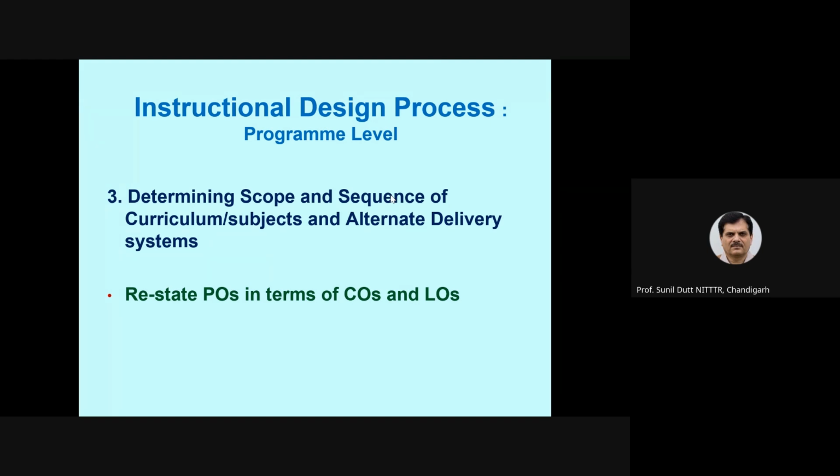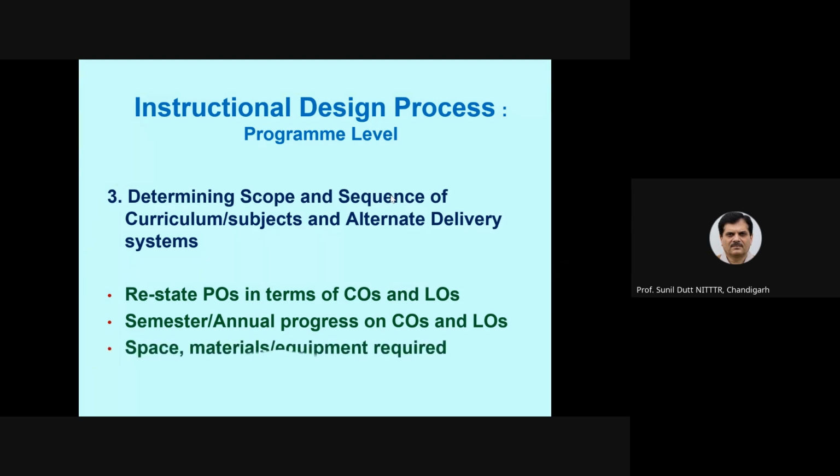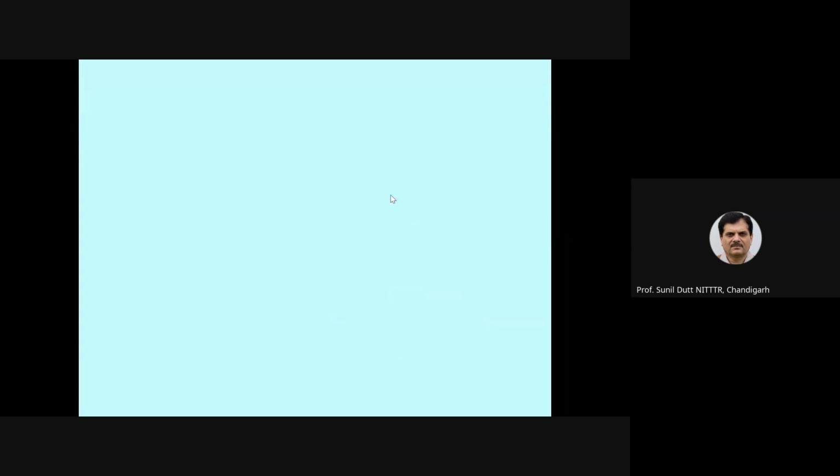Goals are then to be translated into specific objectives. So program outcomes, then you write course outcomes, and finally the learning outcomes. So you prepare the semester or annual progress on course outcome and learning outcome, space, material, equipment required, prepare the study and evaluation scheme. So these are carried out at the program level.